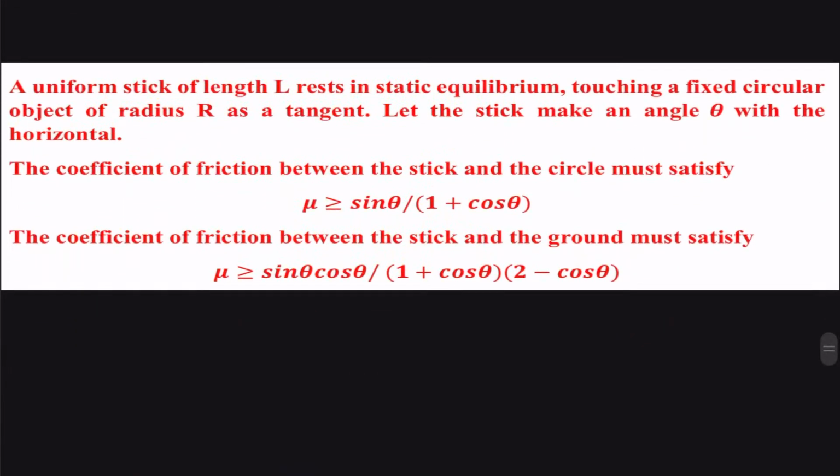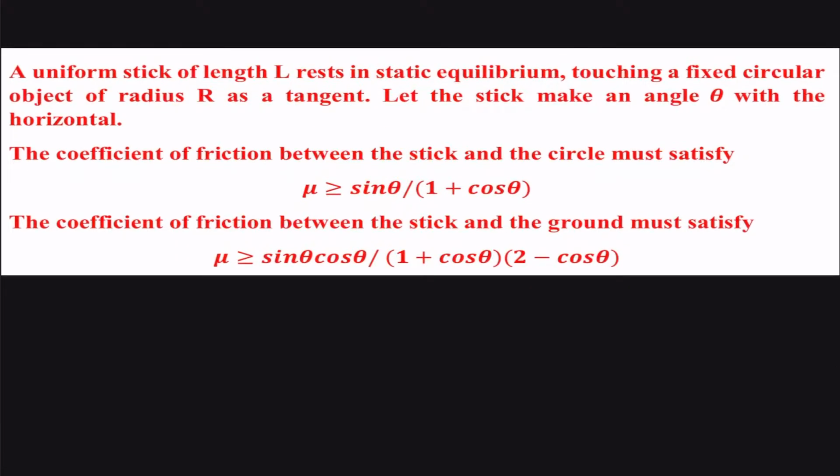So this was the second question, and we come to the third question. Third question, it states that a uniform stick of length L rests in static equilibrium touching a fixed circular object of radius r as a tangent.